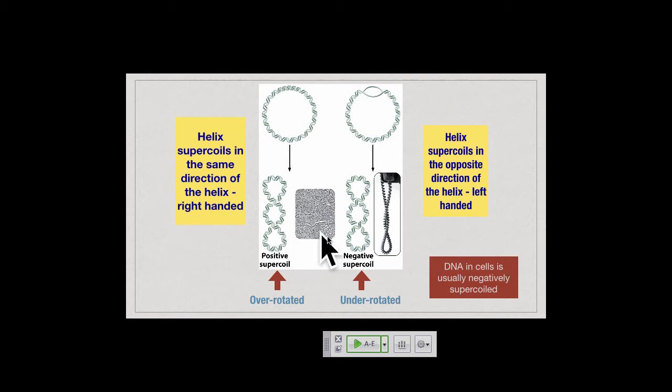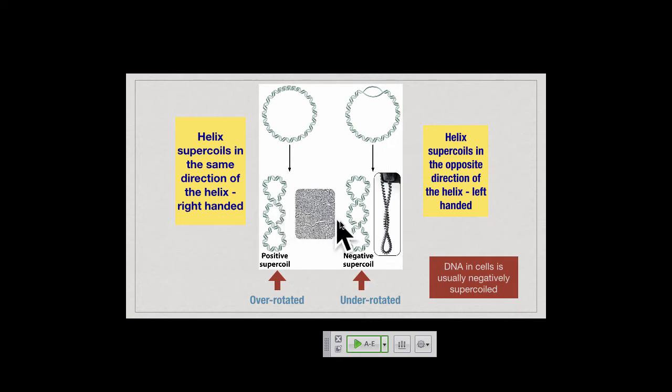These two structures look pretty much the same. The difference is the direction of it. So as I said, DNA, just B-form DNA, is a right-handed helix. So that's your thumb pointed down of your right hand, and you're going in this direction. The positive supercoils will flip or supercoil in the same direction, so they're also going right-handed.